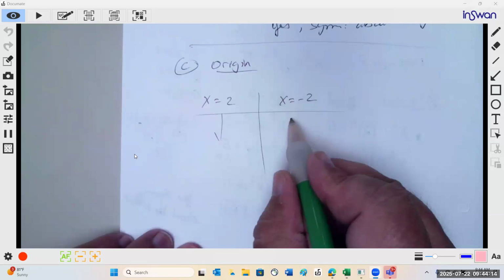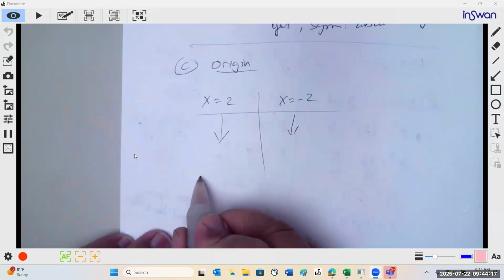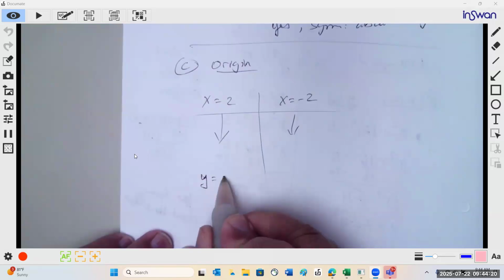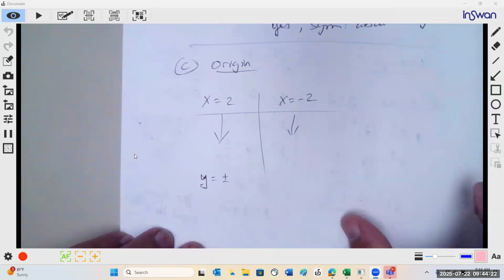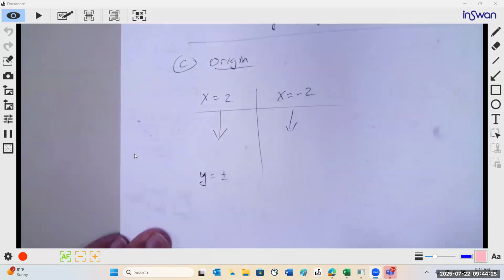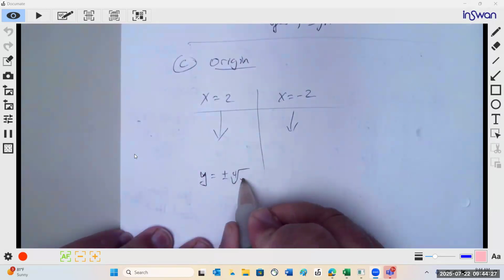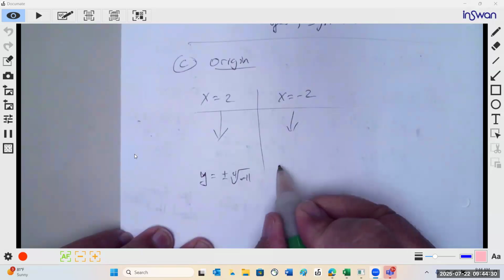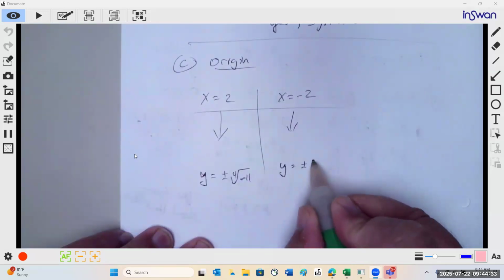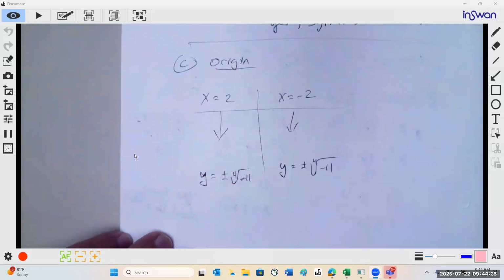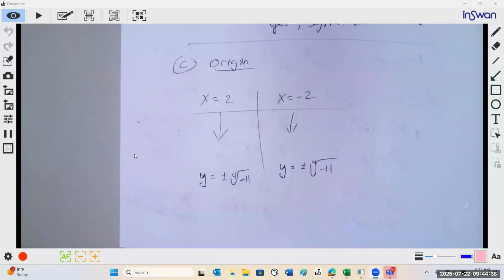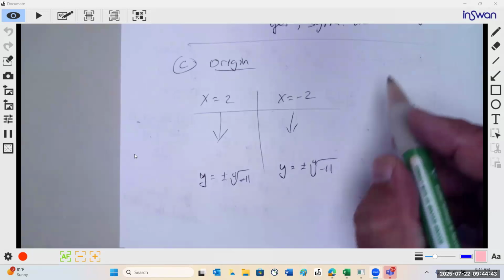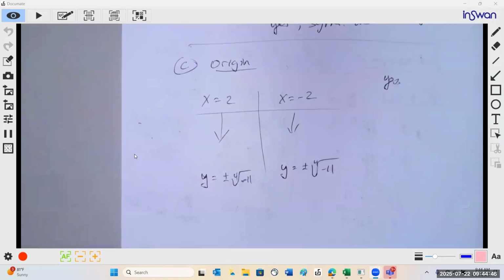We just did those, and it gives us y is equal to plus or minus the fourth root of negative 11. So yes. That's what you look for.